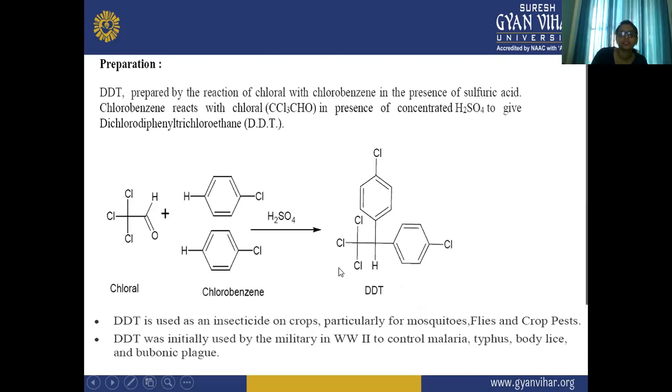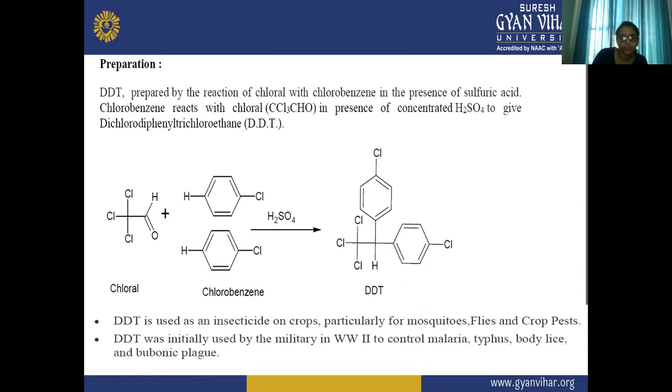Next is its preparation, how it is prepared. DDT is prepared by the reaction of chloral with chlorobenzene in the presence of sulfuric acid. Chlorobenzene reacts with chloral in the presence of concentrated H2SO4 to give dichloro diphenyl trichloroethane.